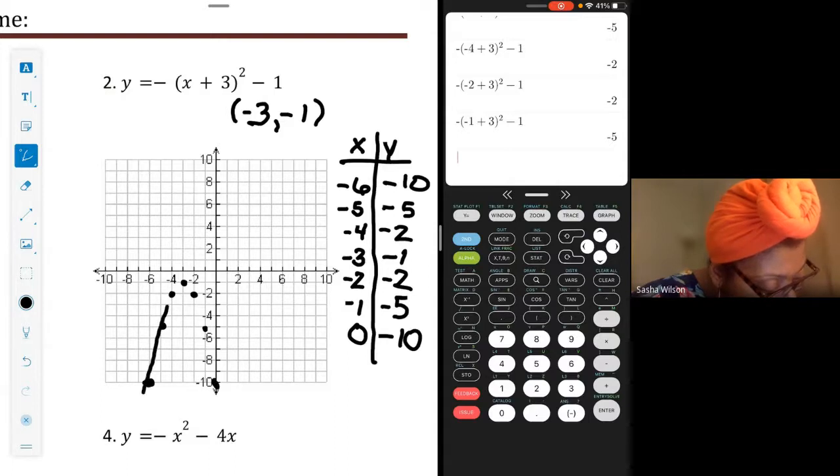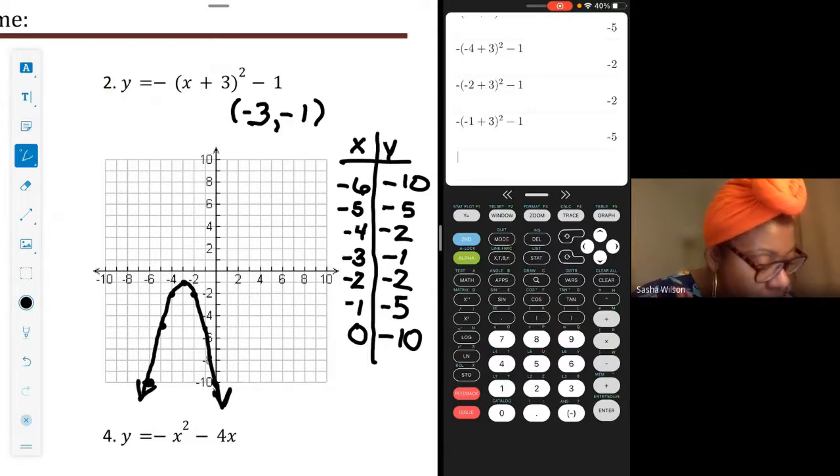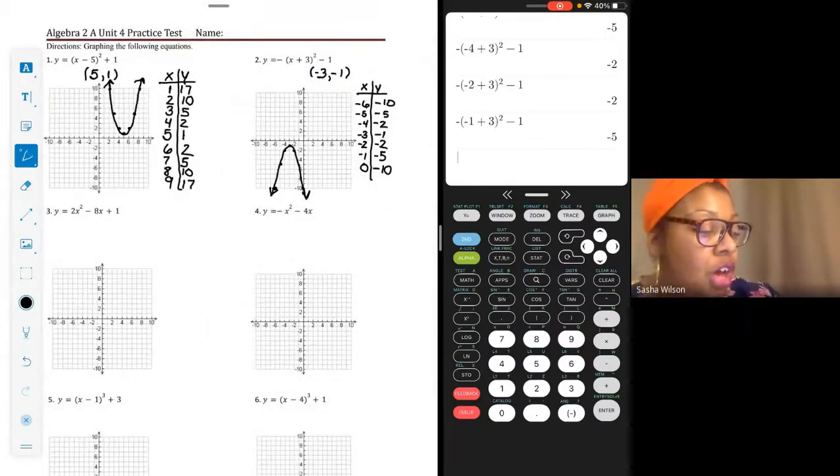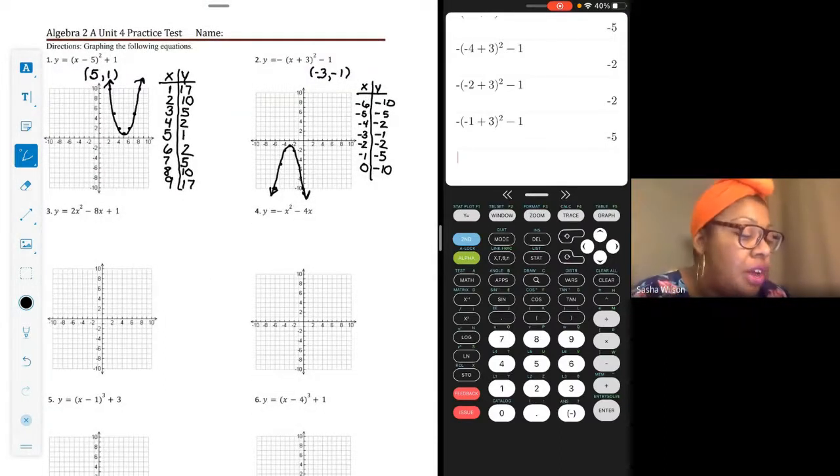And as we predicted, our parabola is opening down. And we were able to create our table of values all from the vertex. So the vertex can always be found in the center of your table. So that's where you want to place it. It's always going to be the center of your table.